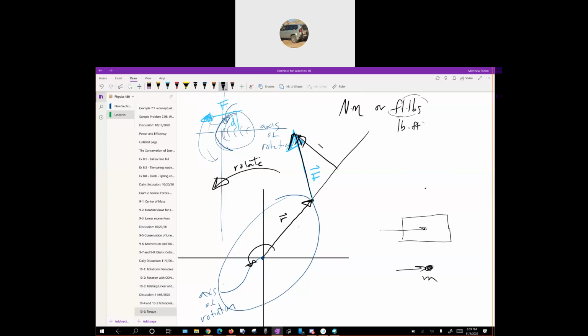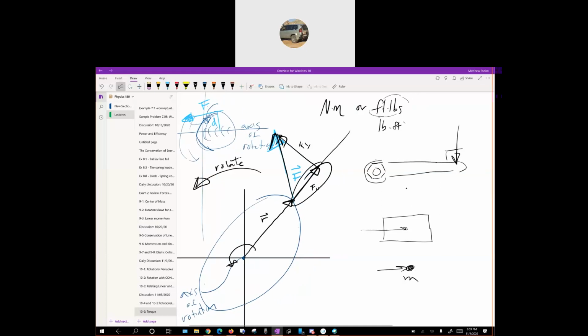So there's a perpendicular force, and there's some component right here that would be your parallel force. Now imagine applying a parallel force to something. Imagine you're trying to get a nut off a bolt or something, and you put your wrench around it. We typically apply the force at a perpendicular angle, and I'll show you why in a moment.